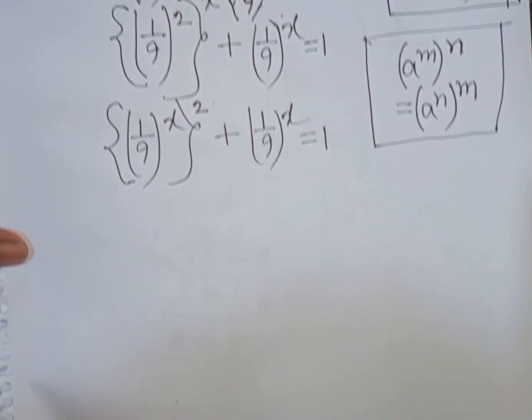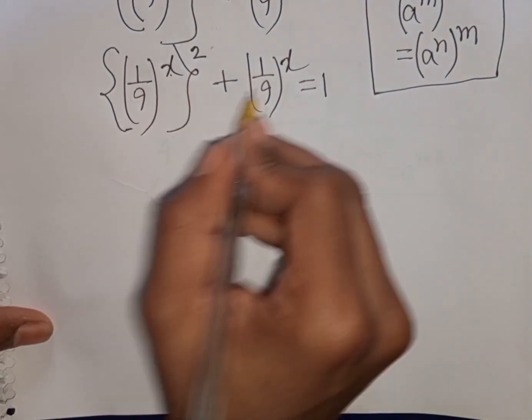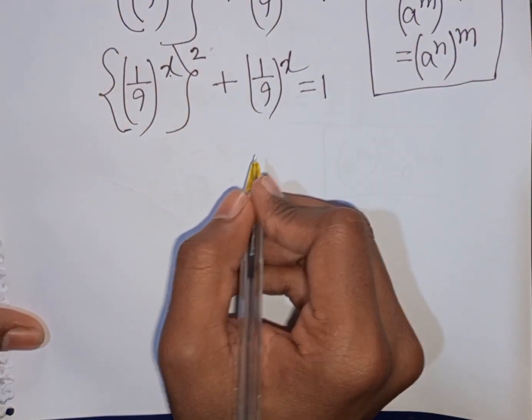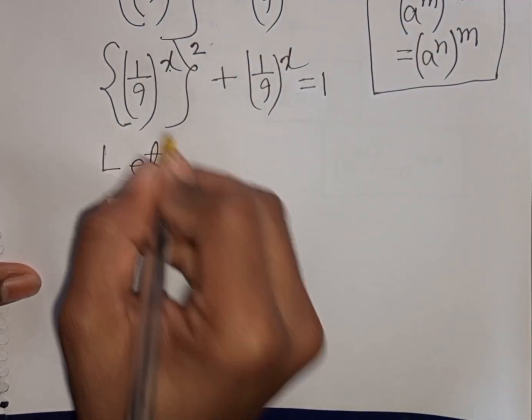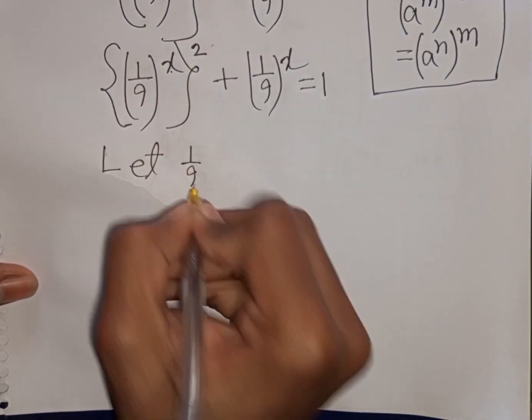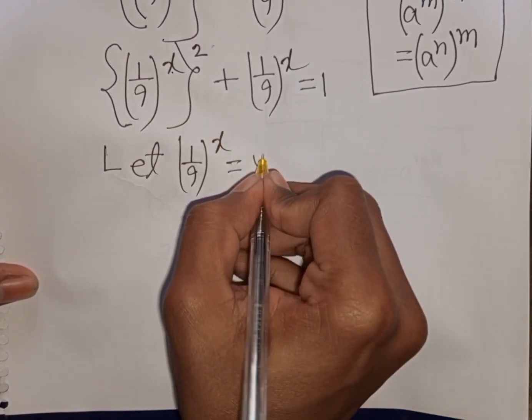Now we see 1 by 9 bracket power x, 1 by 9 bracket power x, both terms are the same. So let 1 by 9 bracket power x be substituted by y.